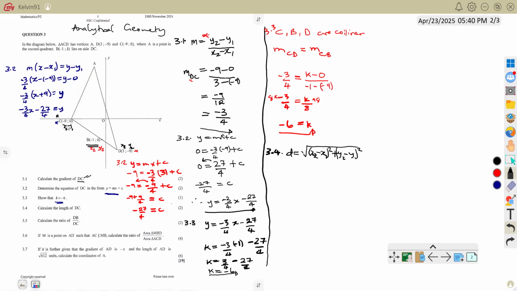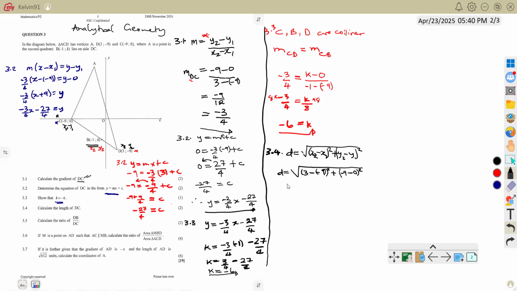We have them because we are still using D and C. So your distance is going to be equal to the square root of x2, which is 3, minus that one is going to be minus 9, squared, plus y2, which is minus 9, minus y, our y is 0, squared.